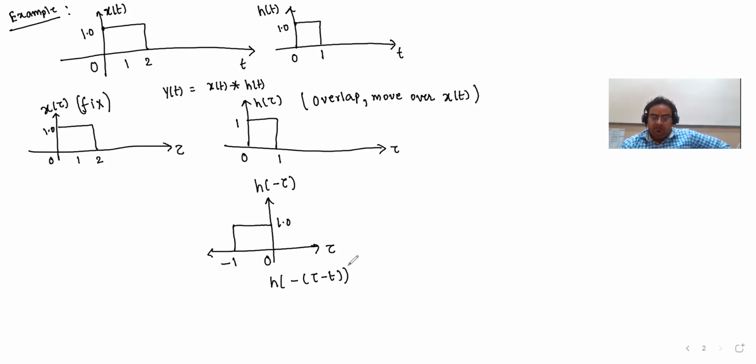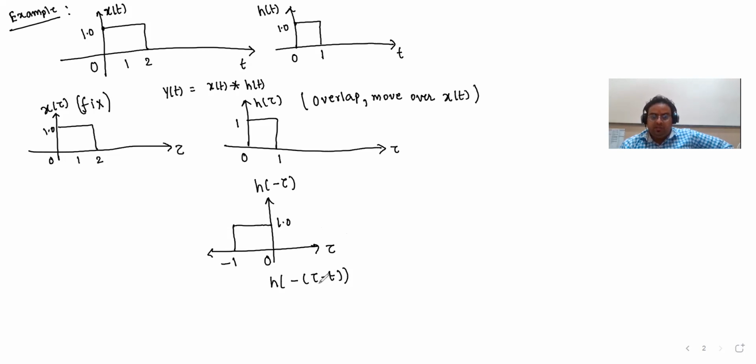But if t is negative, that means t is less than 0, then this signal will be advanced, because we will have here minus of tau plus something. Suppose t is equal to minus 2, so this will be minus of tau plus 2.